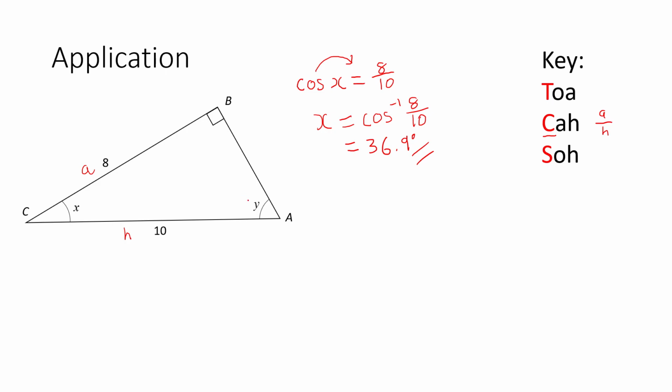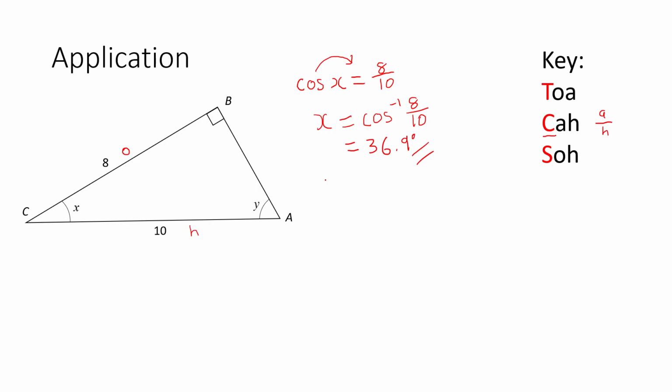And we will try to find angle Y. So let me erase. For angle Y, 8 is no longer the adjacent side. 8 is now the opposite side. So we write O. 10 is of course still the hypotenuse.